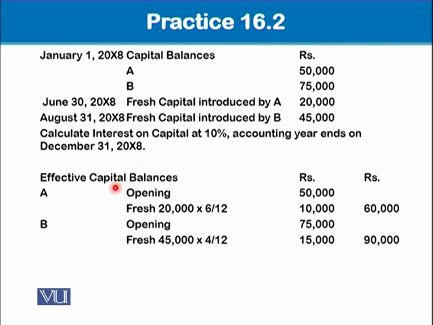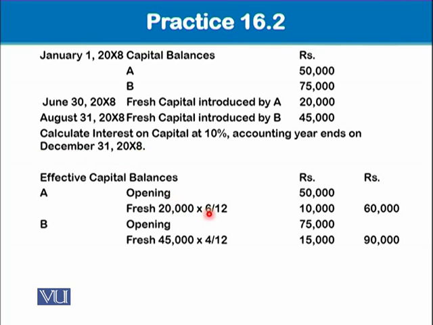So how will we work out the effective capital balance for each partner? Partner A had an opening balance of 50,000, and partner A introduced fresh capital of 20,000, which remained in the business for 6 months till the date of closing, the end of the reporting period, which is 31st December.